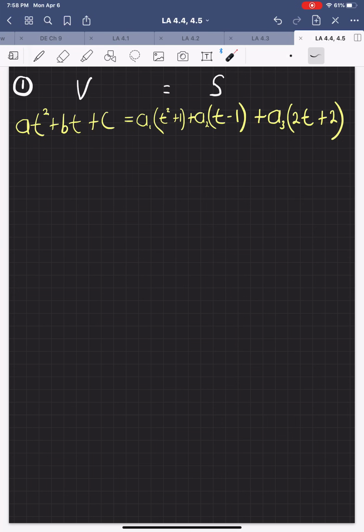What I'm going to end up doing is setting these two equations equal to each other. And what I'm going to do right now is distribute. Okay, so let me do that now.